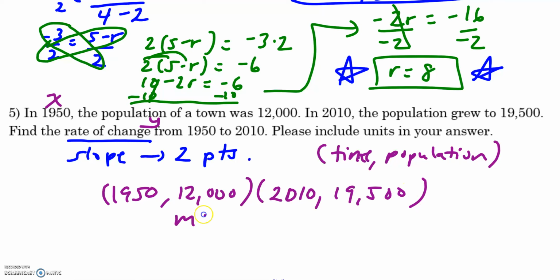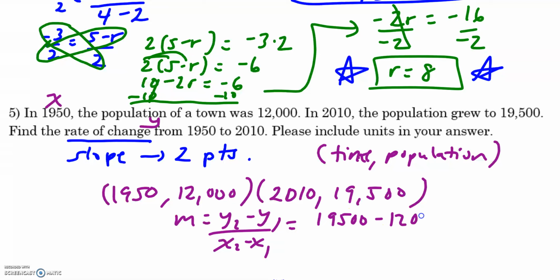So if I want to find the rate of change or slope, we are following the idea that we're doing rise over run, or the change in y over change in x. So that would be 19,500 minus 12,000 over 2010 minus 1950. Order of operations says we have to simplify on the top and bottom first.